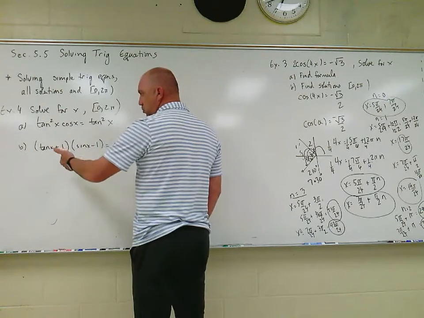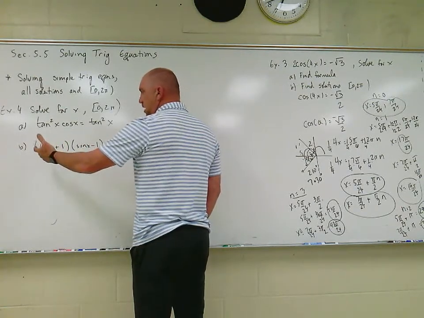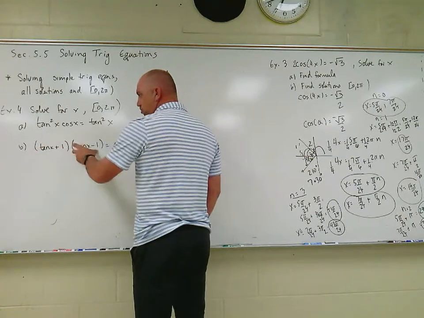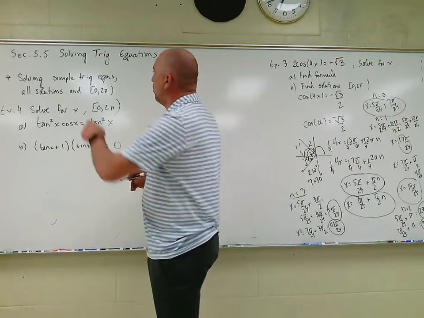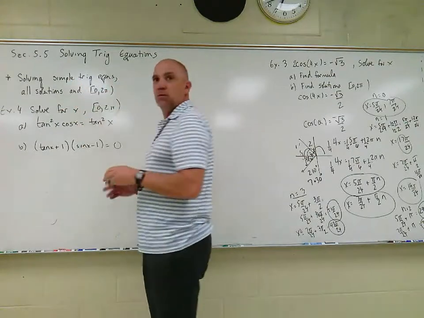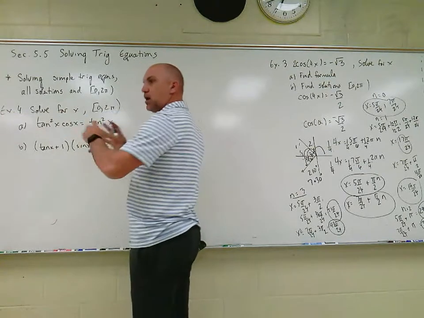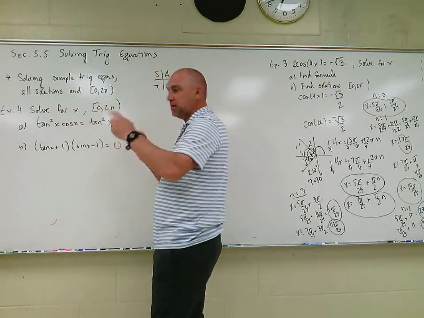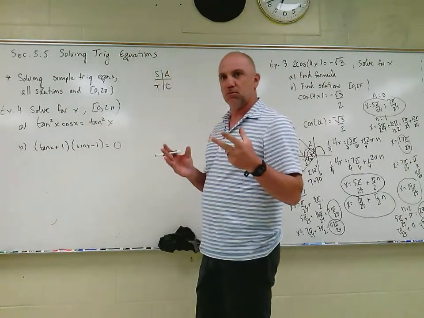It's been factored. Now you know that each factor you can set equal to 0. So the idea is this: we want a simple trig equation. The way we're going to get simple trig equations is if we move everything to one side and try to factor or use identities, if we can set it equal to 0, we can get simple equations.